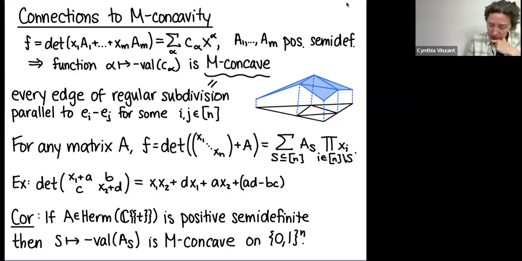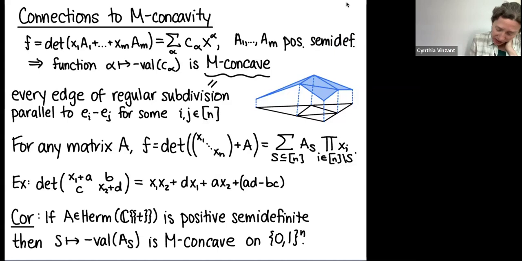Okay. And so then what's the point? Up to homogenization, this polynomial has exactly this form. It's a determinantal polynomial where the coefficient of each variable is positive semi-definite.